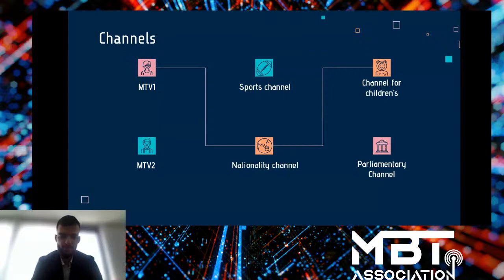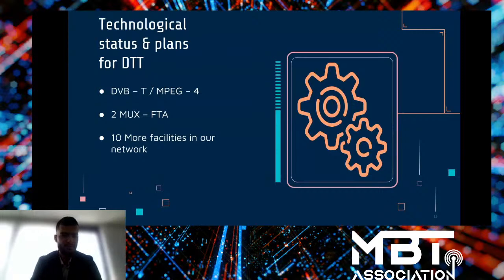So the technological status that we have currently is DVB-T using MPEG-4 technology, and we also have 2 multiplexes free-to-air, for which we have licenses until 2023, 2025, and also 2030.